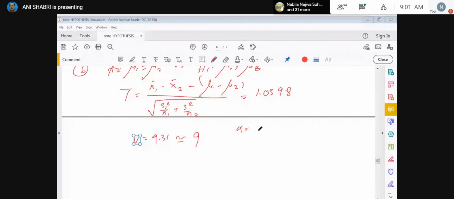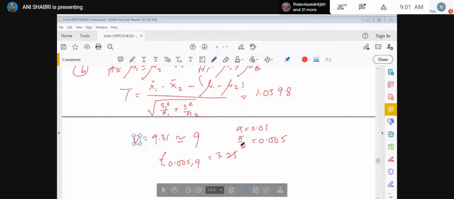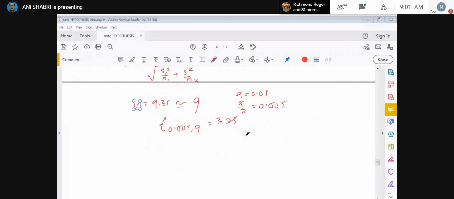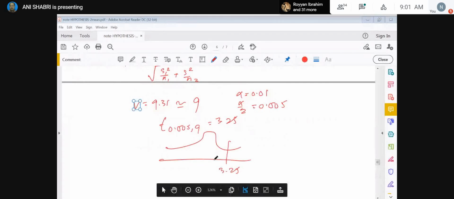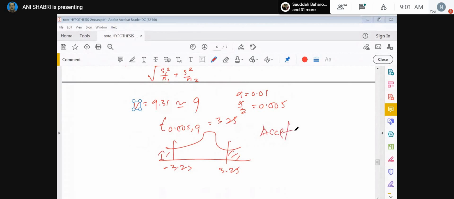Alpha must divide by 2. It is 0.005. Okay, using T value 0.005 and V is 9. Okay, we can get the value is 3.25. Okay, from here we can make conclusion. The border 3.25 and this one negative 3.25. Okay, it means we accept H0. It means mu1 equals mu2.